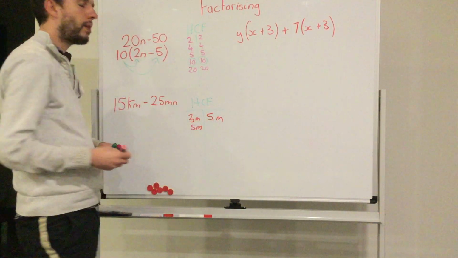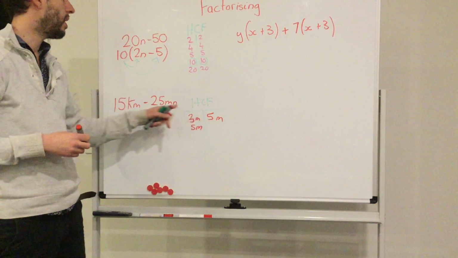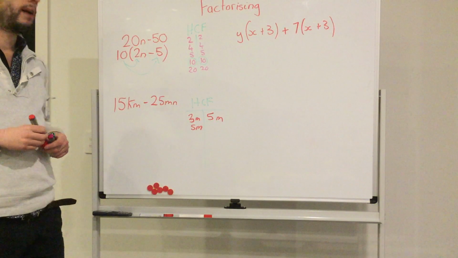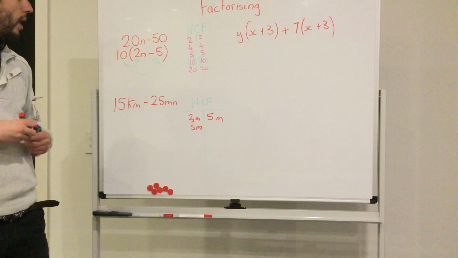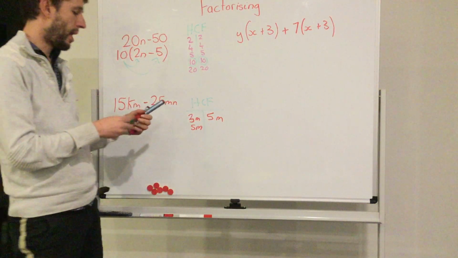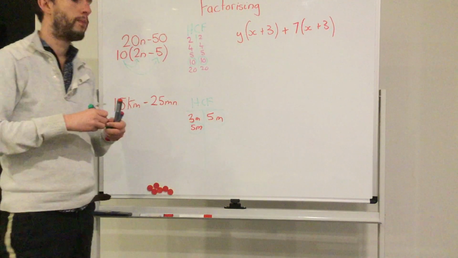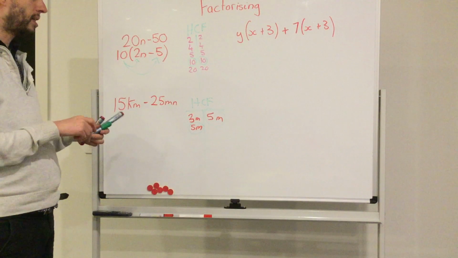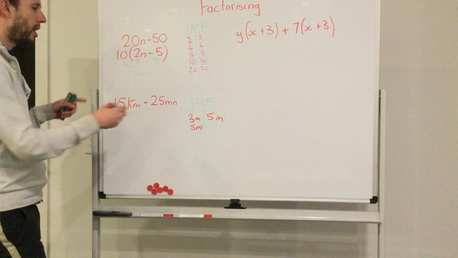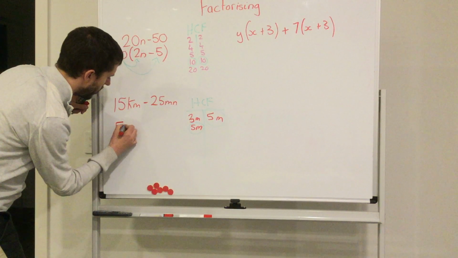So you see how I'm still keeping that letter, the unknown there, because they both have that in common. So straight away I can see that we have 5m as the common amount. So that's the highest common factor. So that means that 5m is going to go on the outside.